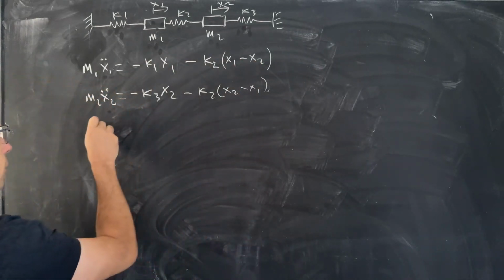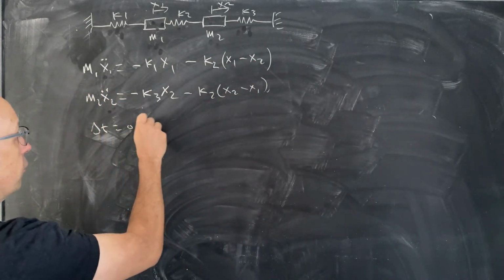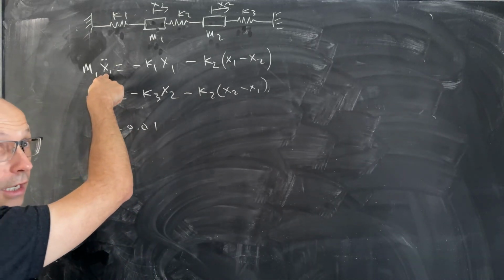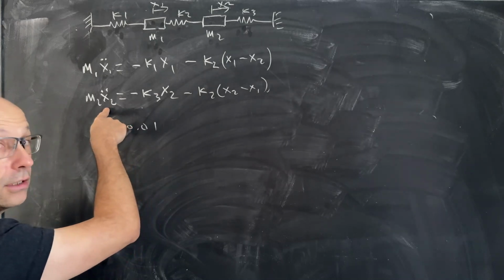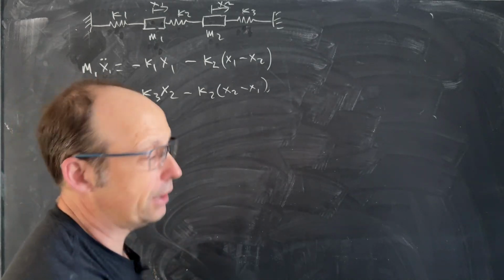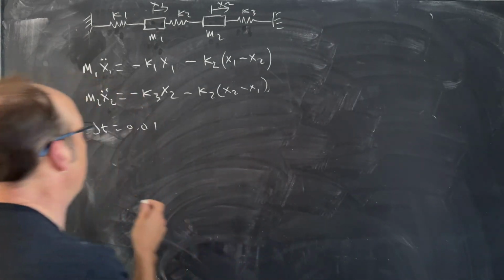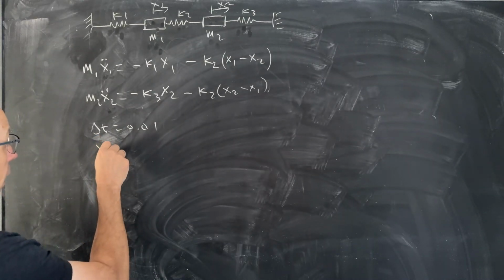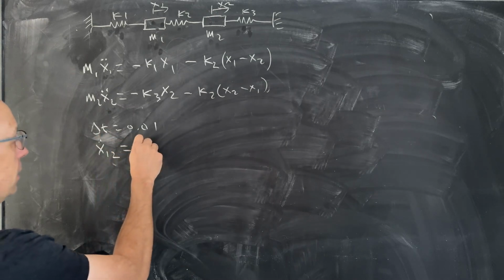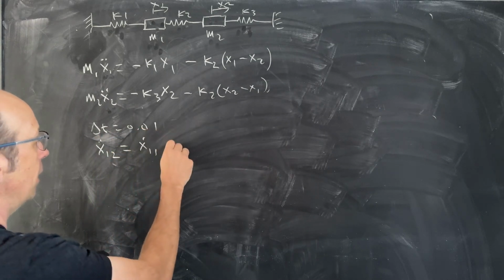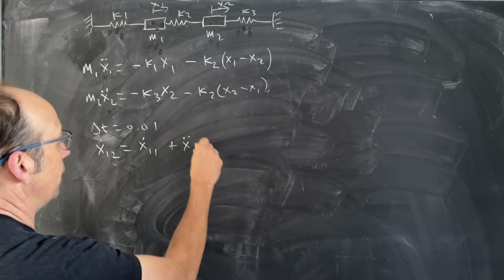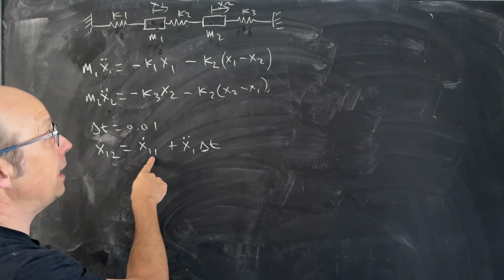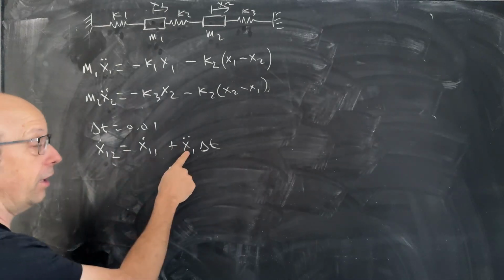And then by breaking this into delta t of 0.01 seconds, I can calculate the acceleration, x1 double dot, and x2 double dot. Now I can update the velocity. And I apologize if I'm going through this fast, but I've done this a bunch of times. So x1 dot at the end is x1 dot at the beginning plus x1 double dot delta t. So this is the velocity at the beginning of the time interval, that's at the end of the time interval, and that's the acceleration.